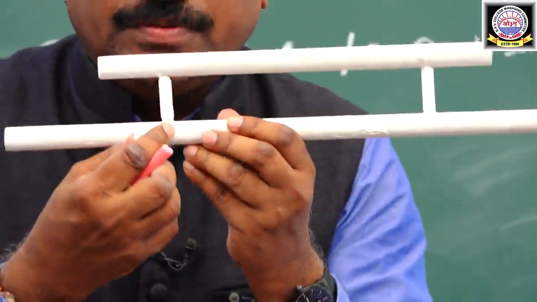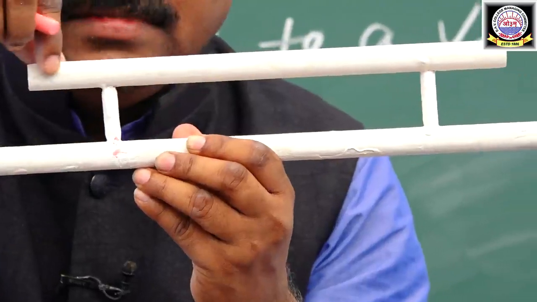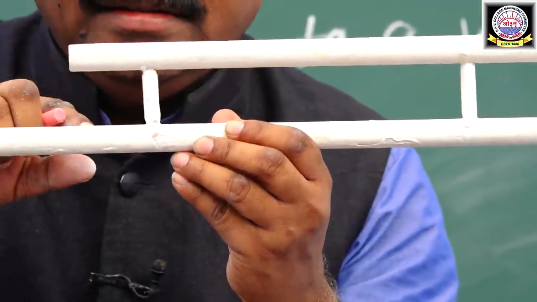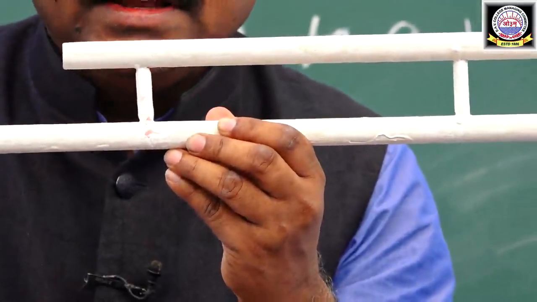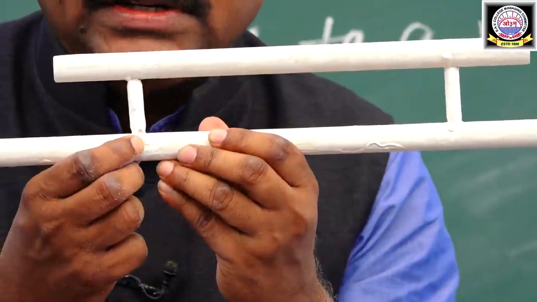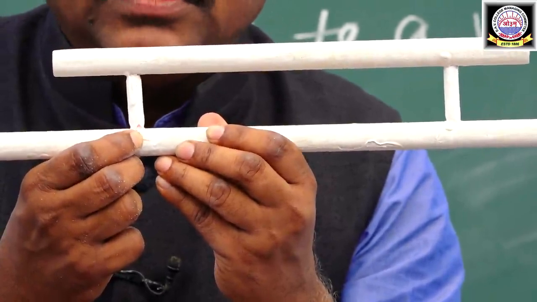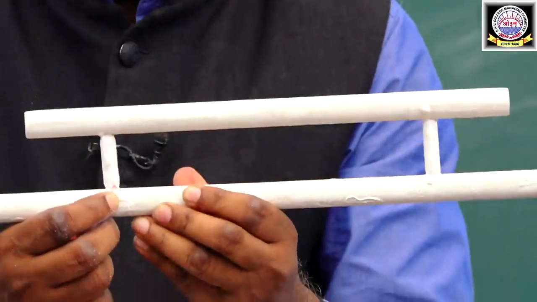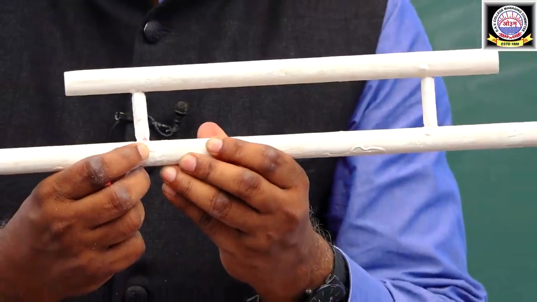And this is a vector parallel to the line. So you cannot change the position of the line now, because it passes through the point and is parallel to the vector. And since the position of the line cannot be changed, the equation of the line can be obtained.